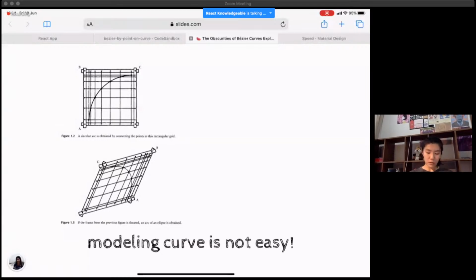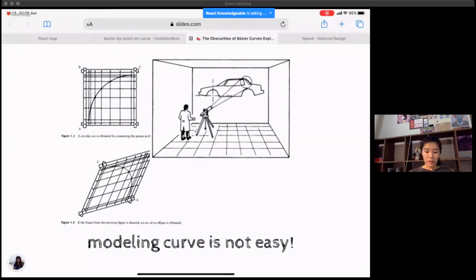And here's another one. So what you do here is you use a torchlight, and you let your torchlight go through some kind of shape. And when the light lands on the wall, you will see the shape formed into another shape.